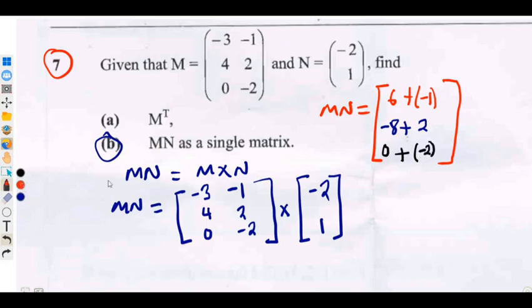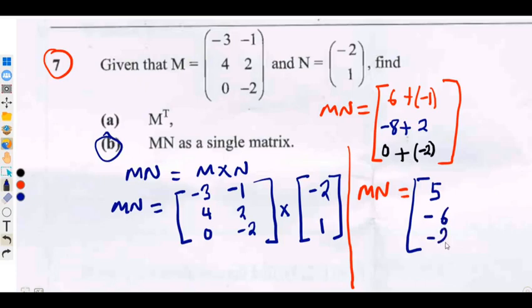So MN equal to, it's just a matter of simplifying what we have. 6 plus negative 1 will be a 5. Negative 8 plus 2 will be a negative 6. 0 plus negative 2 will be a negative 2.